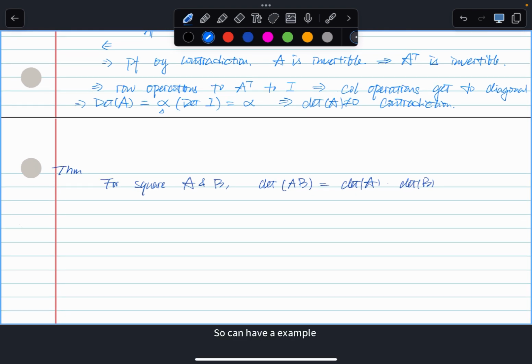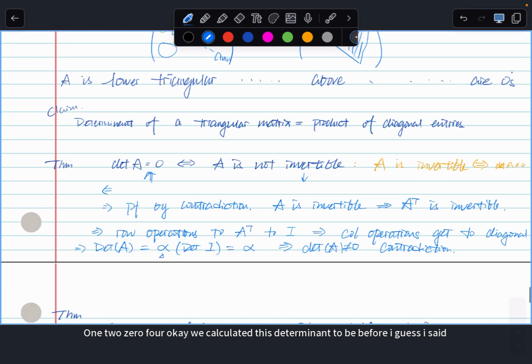So we can have an example. Let's say A is the matrix 1, 2, 0, 4. We calculated this determinant to be 4, I guess.